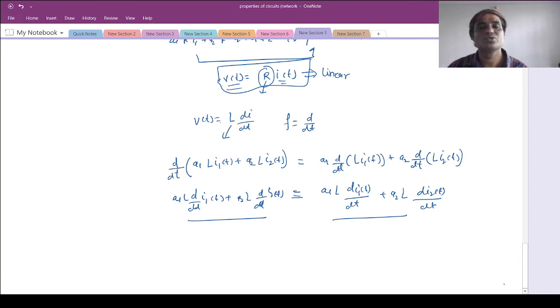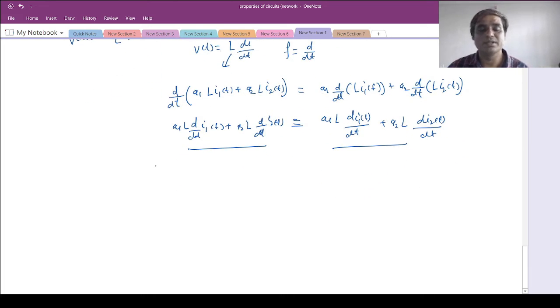Similarly you can check it for the capacitive element also. This will also be linear, because for a capacitor we have the relation 1 upon C integral i of t dt. The integral operator also gives a linear operation. So all resistors, inductors and capacitors are linear two terminal elements.